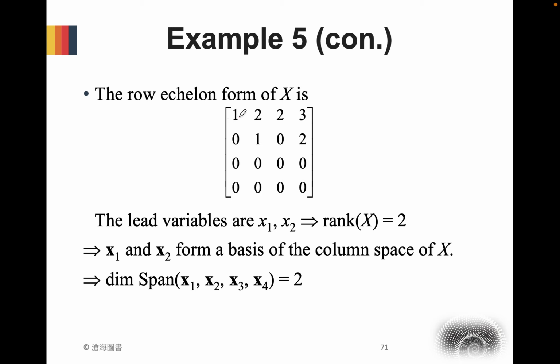Finally, we get only two leading variables, x1 and x2. Therefore, the rank of X is 2. The first and the second column vectors form the basis of the column space of X. Therefore, the dimension of the span of S1 to S4 is 2.